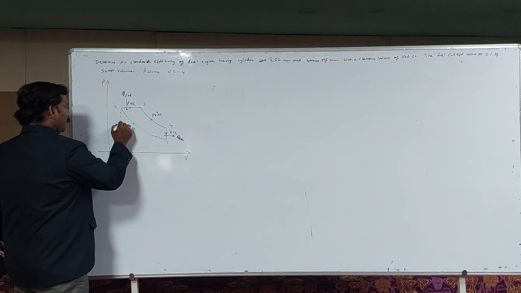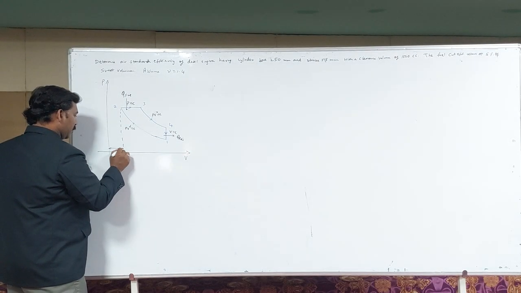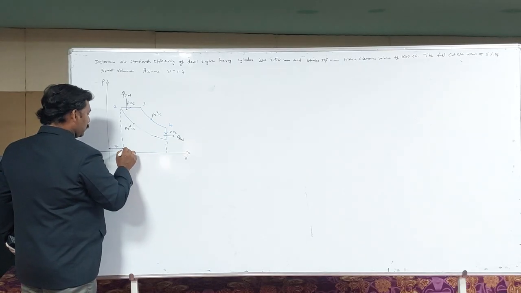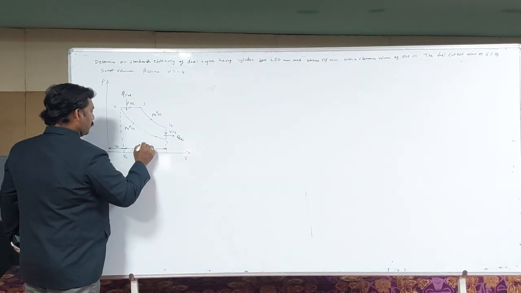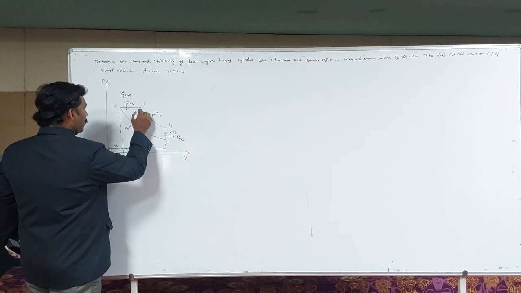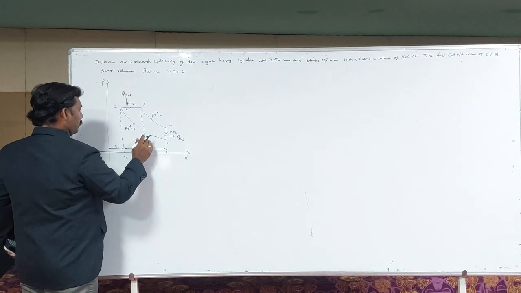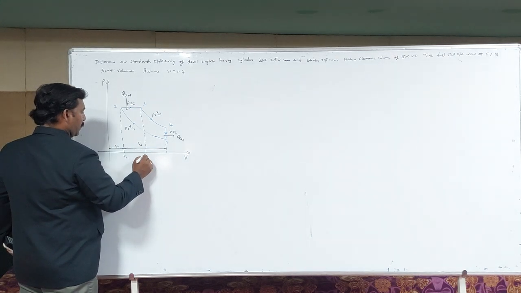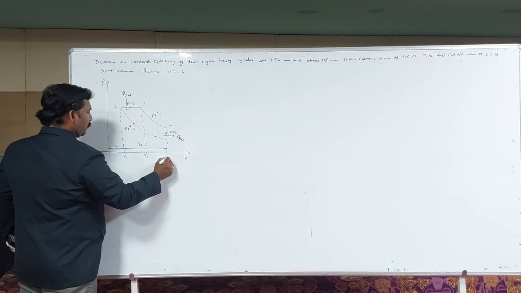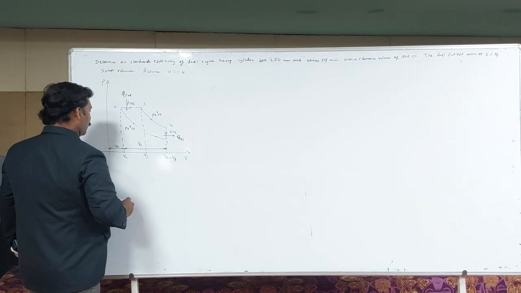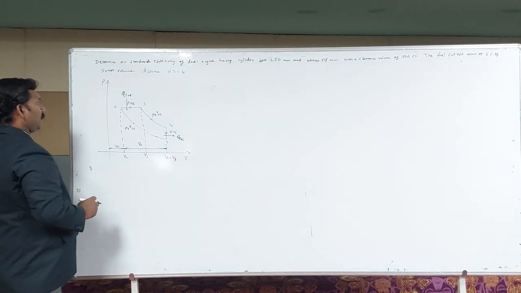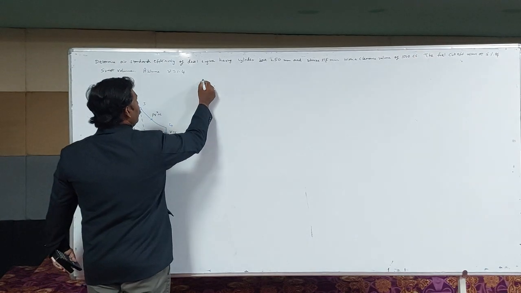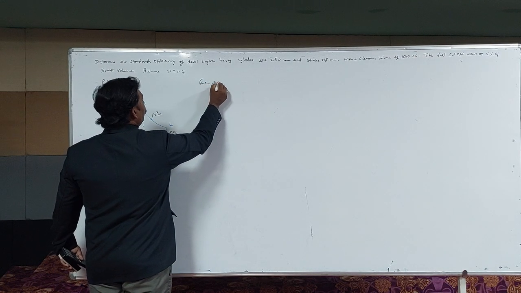Let us mark the clearance volume here, Vc, this is V2, and this is the swept volume Vs, and this is V3, and V1 is equal to V4. So with this information, let us start writing the given data for the problem.